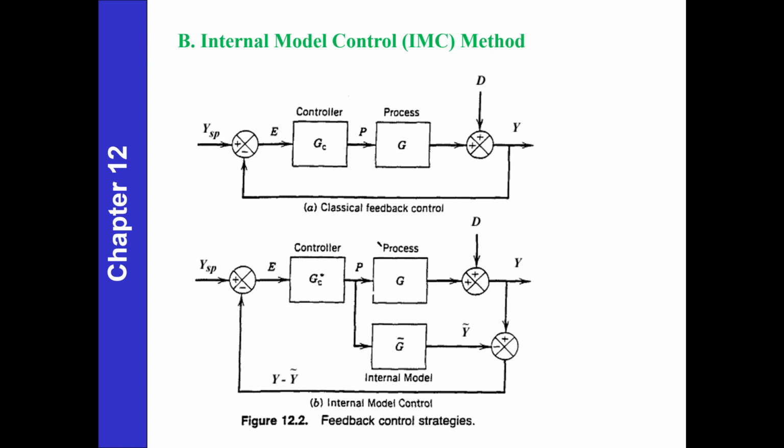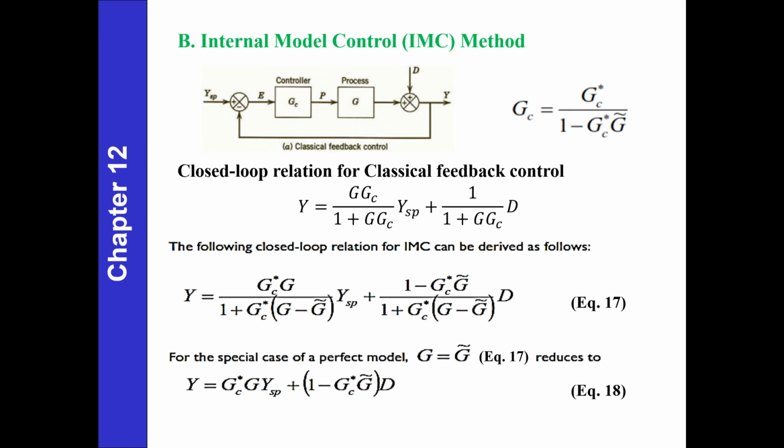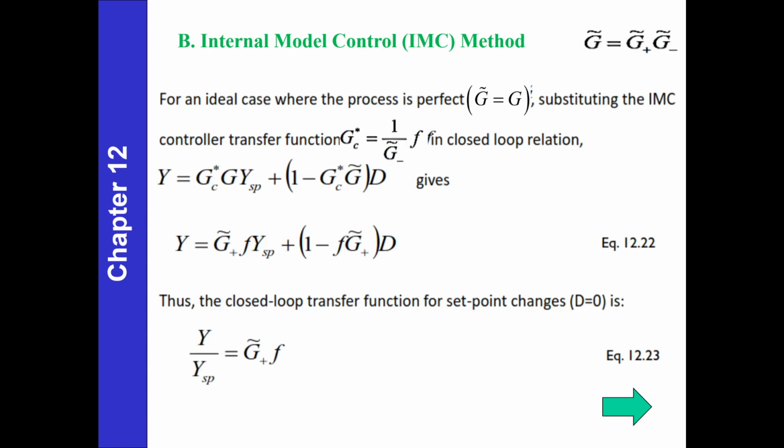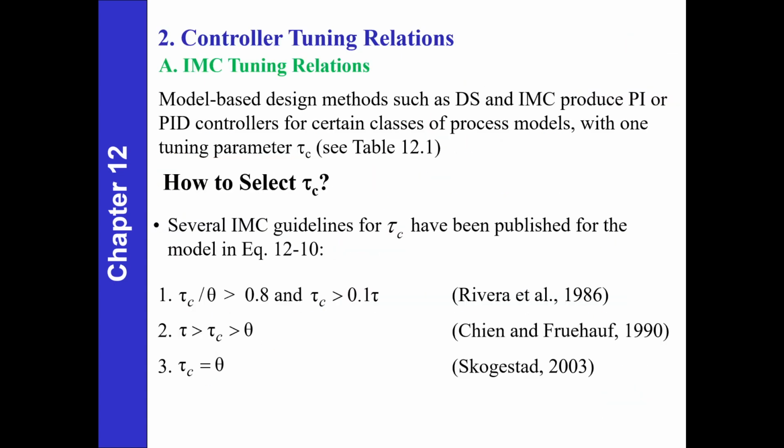Internal model based control has another model here. This is really process control that I don't like to talk about too much. And this is how to derive it. Don't worry, you don't have to derive this. We will just straight away go to component 2.